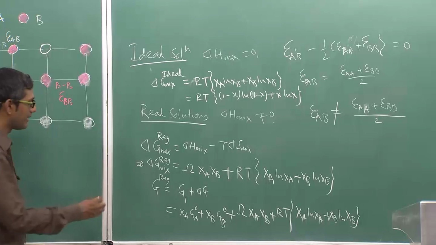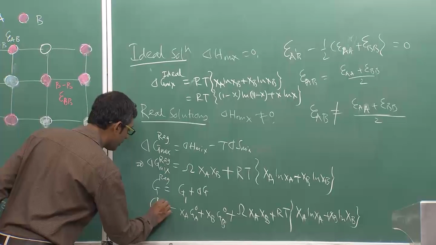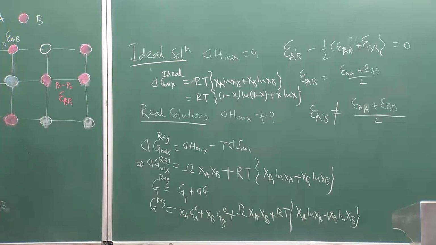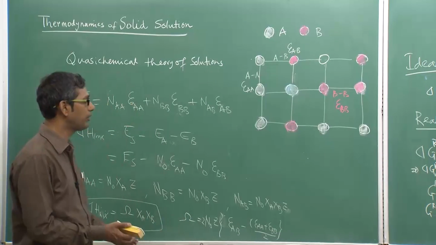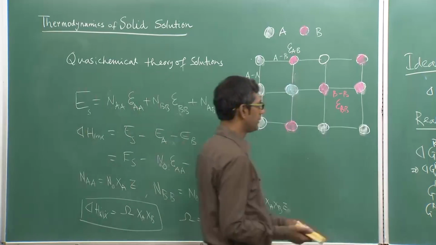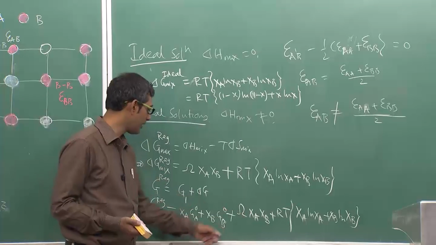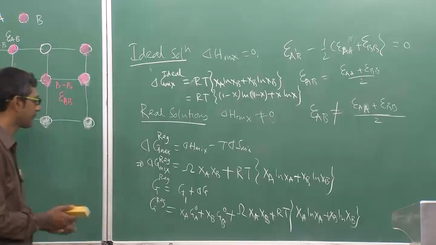So finally we get an expression of G for the regular solution. Now we will see how this G will depend upon temperature, depend upon omega, depend upon XA or XB, correct.